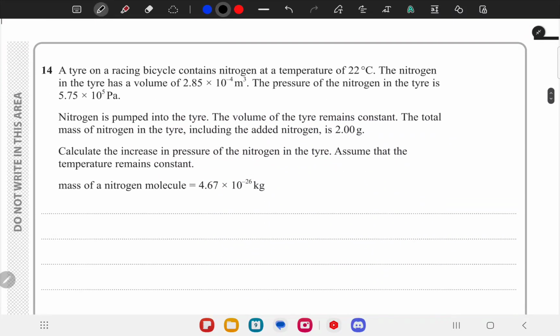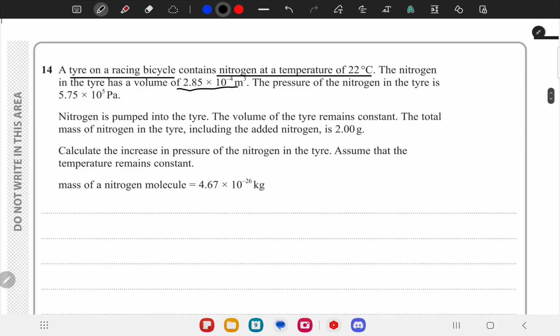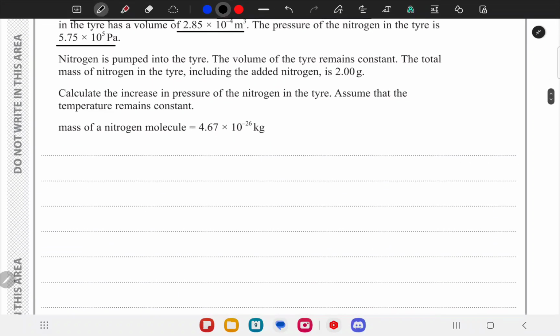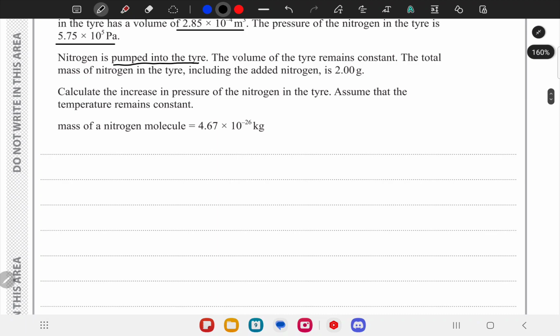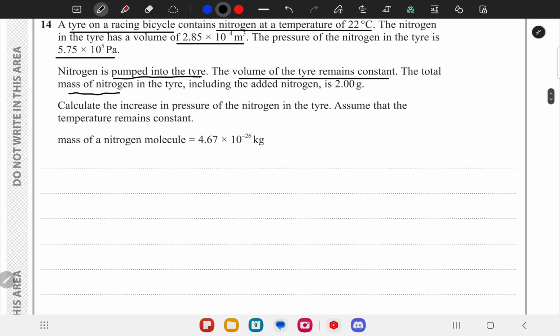Now in question 14, we are given that the tire of a racing bicycle contains nitrogen at a temperature of 22 degrees Celsius, and its volume is given, its pressure is also given. Now we are told that nitrogen is pumped into the tire, its volume remains constant, and the total mass of nitrogen including the added nitrogen is 2 grams.